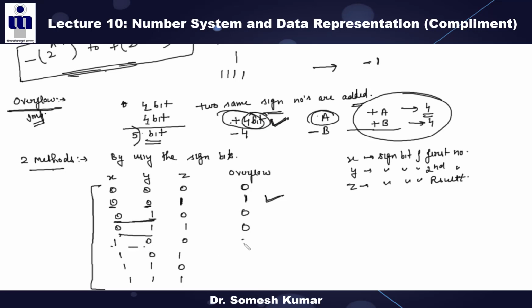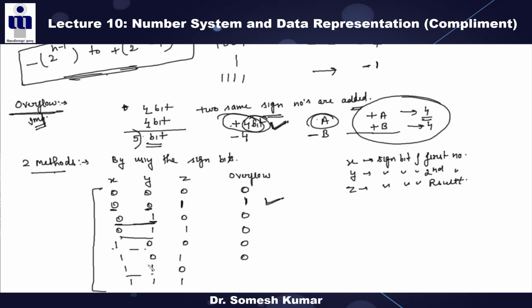Now if both have the same sign, 1 1 0, meaning X is negative and Y is also negative, then your answer must be negative. But here what is the sign? Positive, right?